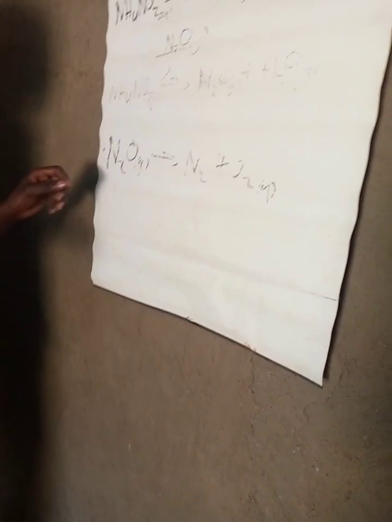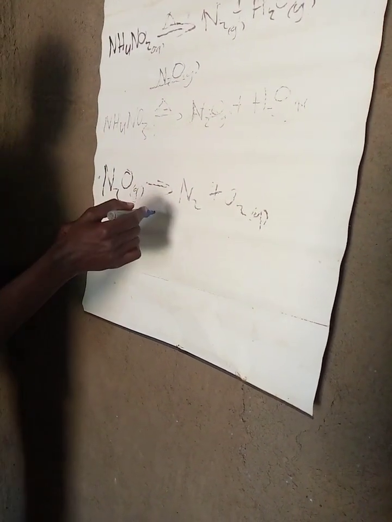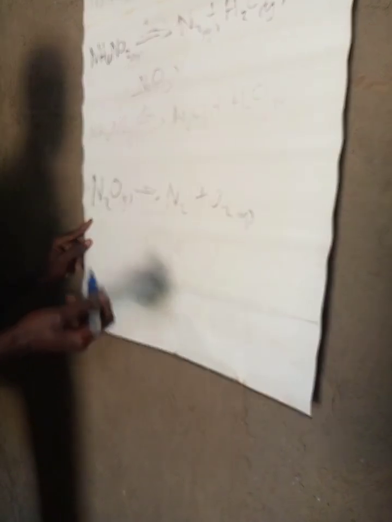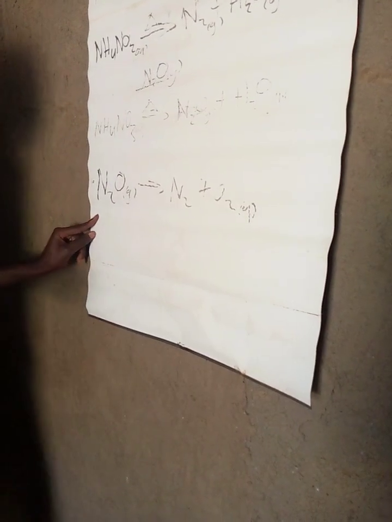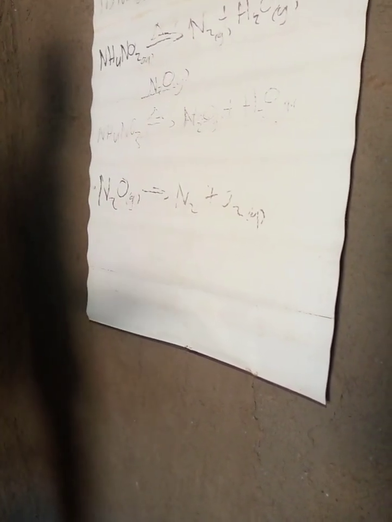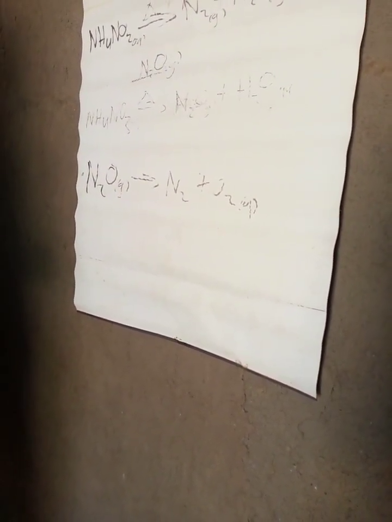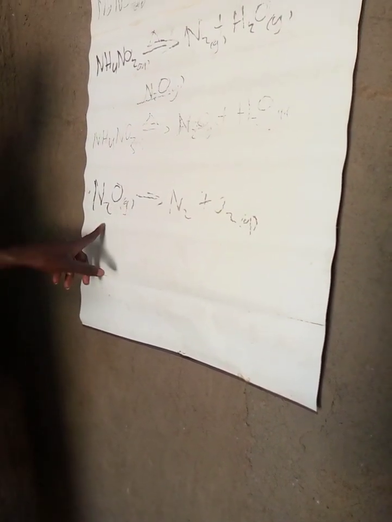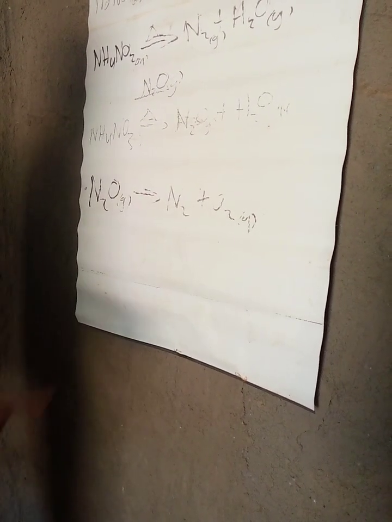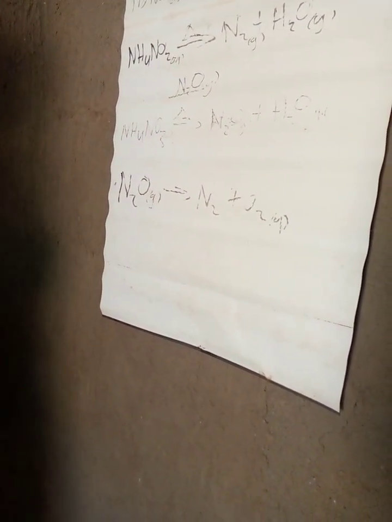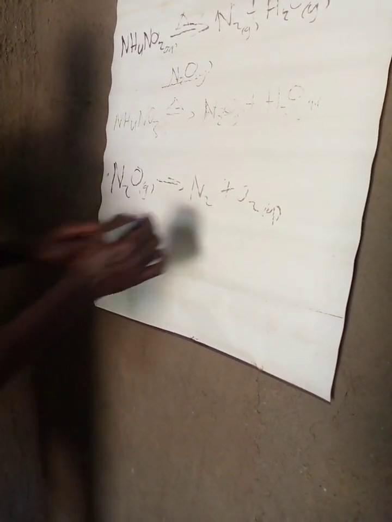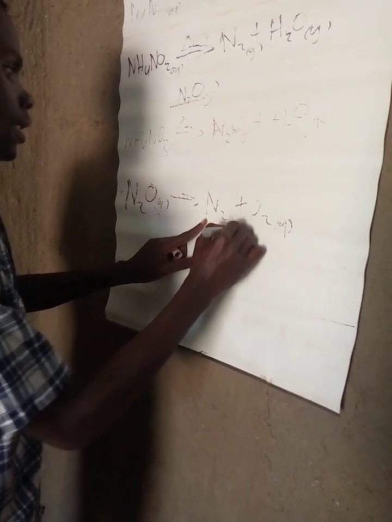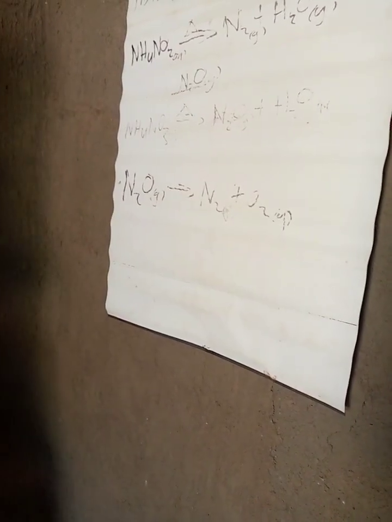This is the equation. If you are asked to explain, you simply say the heat from the glowing splint dissociates nitrogen 1 oxide into nitrogen and oxygen. The oxygen produced is responsible for relighting the glowing splint, and it will be given a mark, either 1 mark or a half mark.